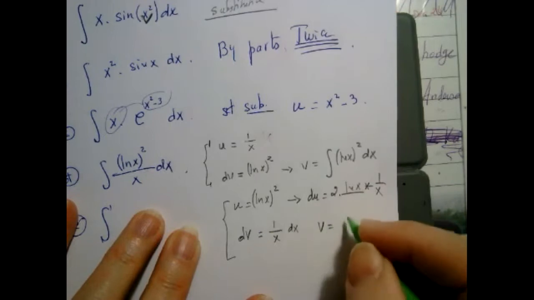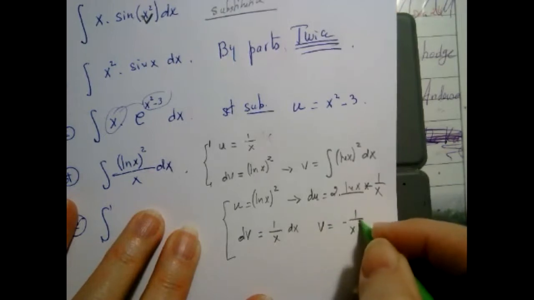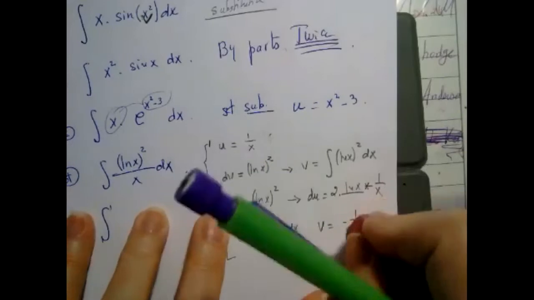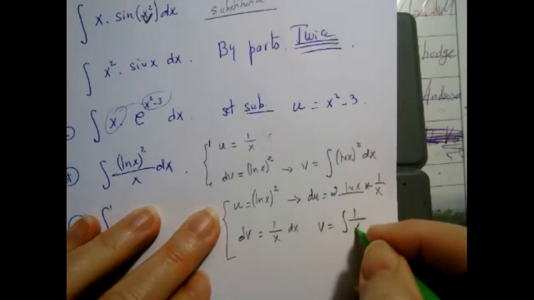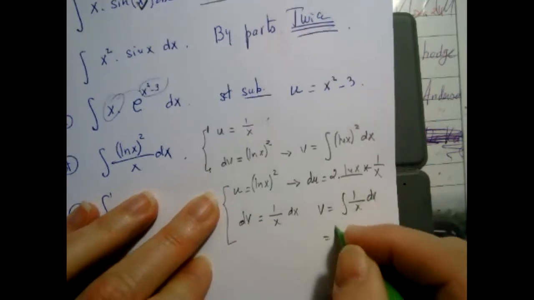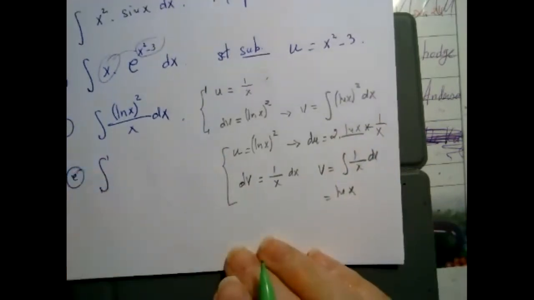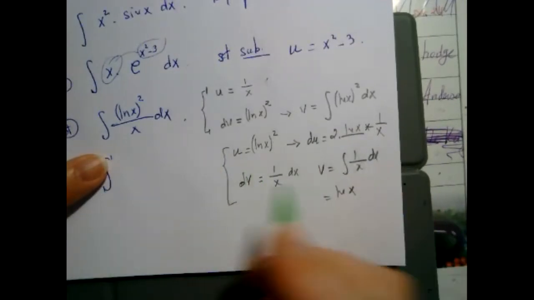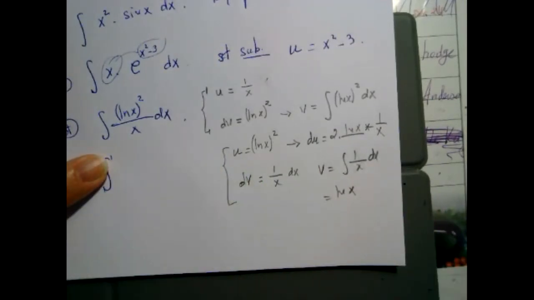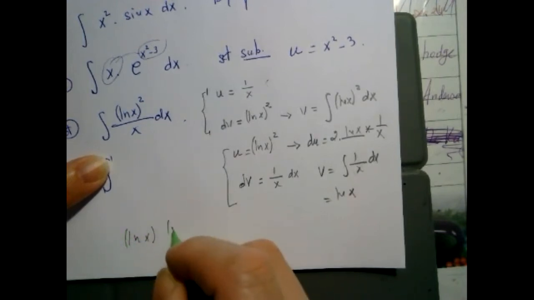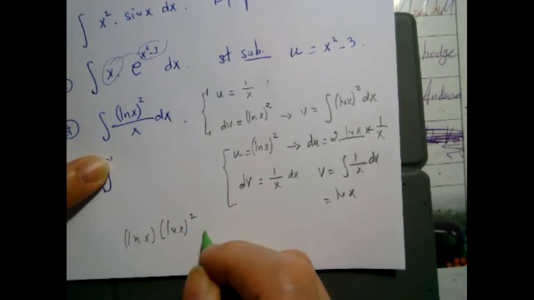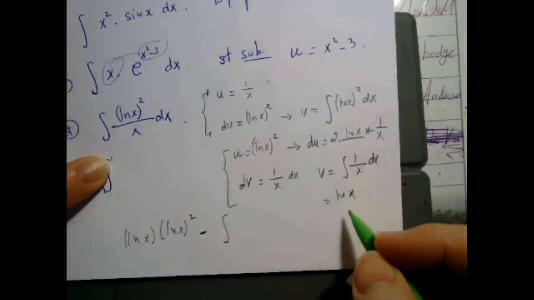And this is going to give you v, the antiderivative of 1 over x, which is ln of x. I'm following you till you figure it out. So it's uv minus the integral of v du.